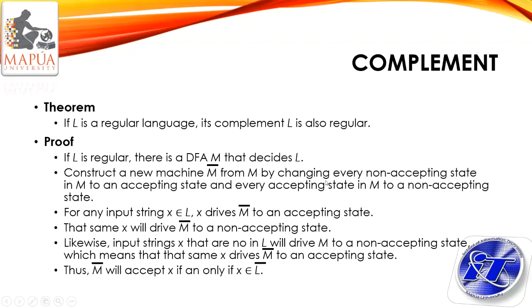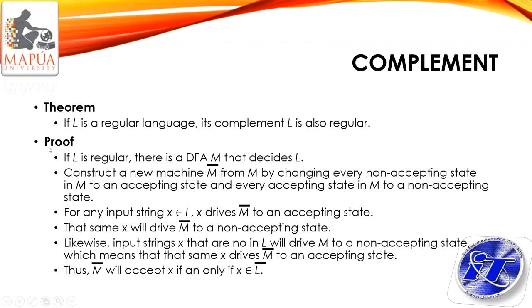For complement, if L is a regular language, its complement is also regular. Going back to our discrete math and set theory, we're talking about a universe. The complement of a certain set means all elements of the universe excluding the elements of that set. It's the same with our language.